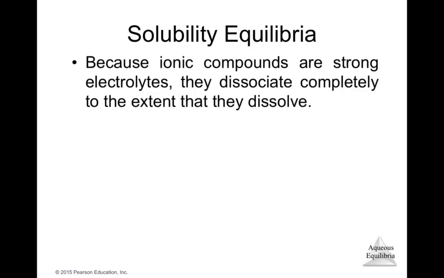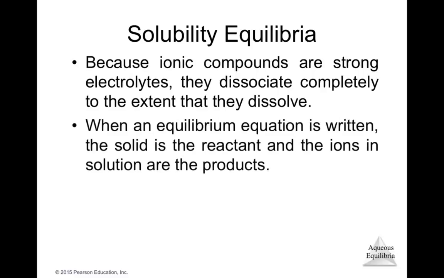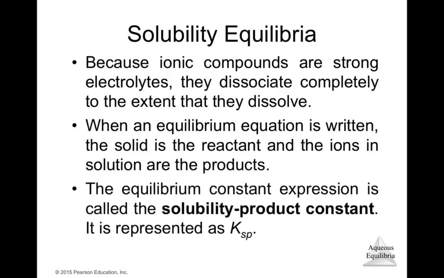Because ionic compounds are strong electrolytes, they dissociate completely to the extent that they dissolve. When an equilibrium equation is written, the solid is the reactant and the ions in solution are the product. And if we are talking about an equilibrium, we also need to talk about the equilibrium constant expression.